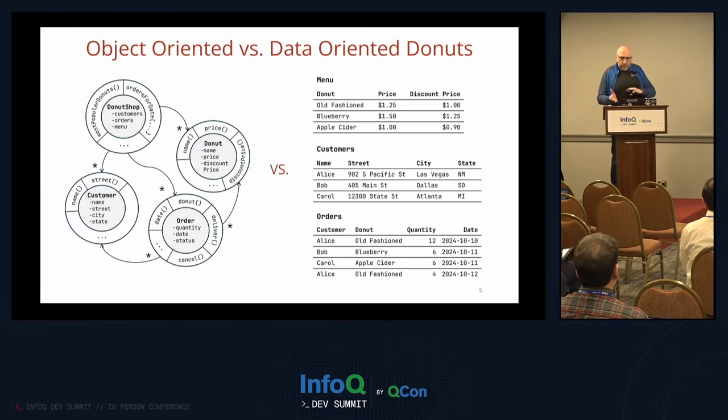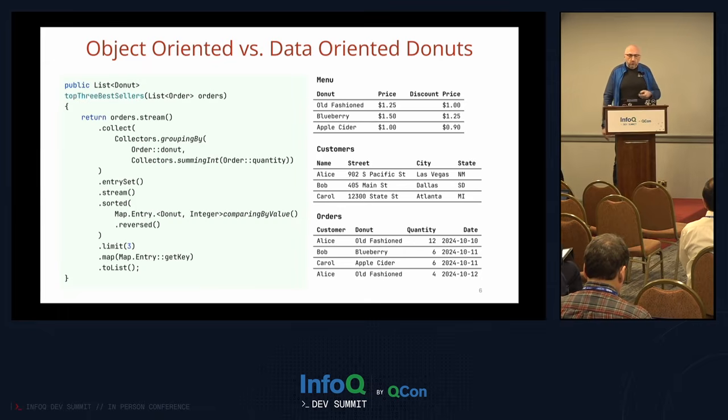It's all completely hidden. With a data-oriented approach, you just have three tables. Again, they could be lists of Java records, could be database tables. And then if you want to implement some behavior, you just write, in this case, a Java function operating on a list of donuts.